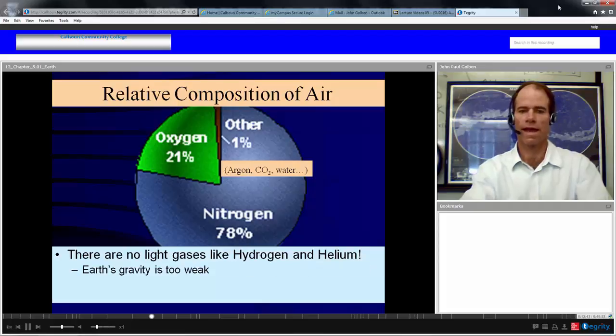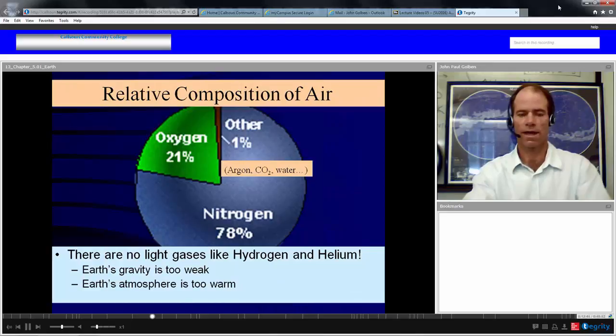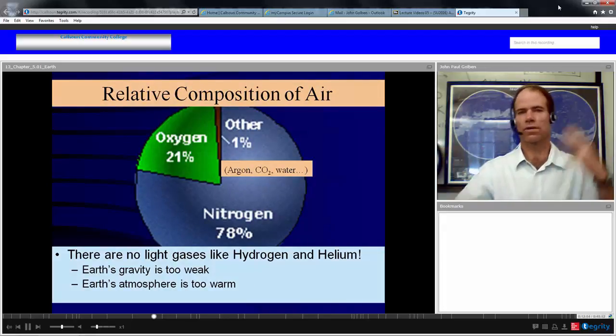No light gases like hydrogen and helium, because Earth's gravity is too weak and Earth's atmosphere is too warm. So for those light elements, under this temperature that we have, they have too much velocity with their kinetic energy, and with that velocity they escape Earth's gravity. So in our atmosphere there is no hydrogen and helium.